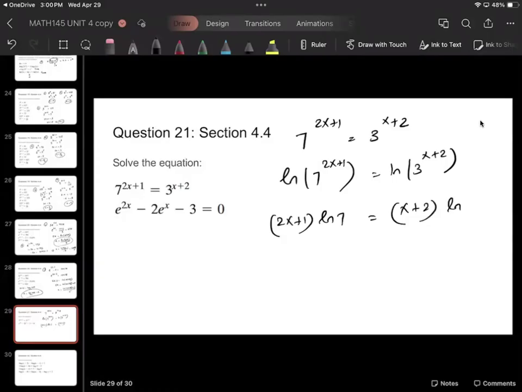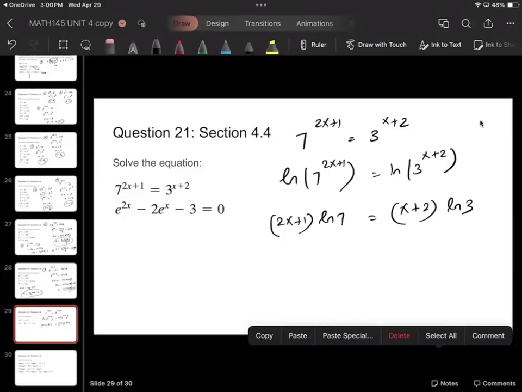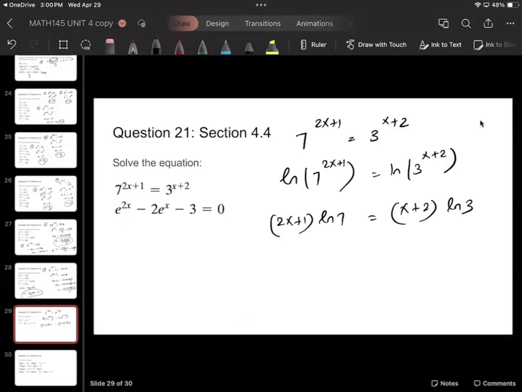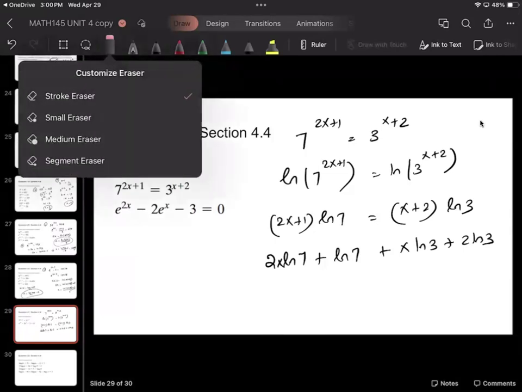Don't forget to put in parentheses, so you can distribute. So you have 2 ln 7. So 2x ln 7 plus ln 7 plus x ln 3 plus 2 ln 3, right? Equals, I meant.